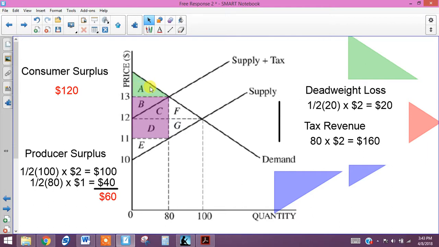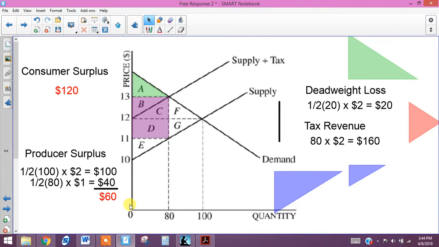You're just going to have to put area A, because since we don't have any numbers, I tried to put a quantity in here and get the math to work, but it doesn't. So let's not go there. This is just whatever it is. So you just have to say that the after-tax consumer surplus is area A.